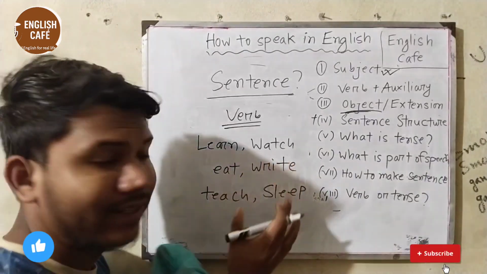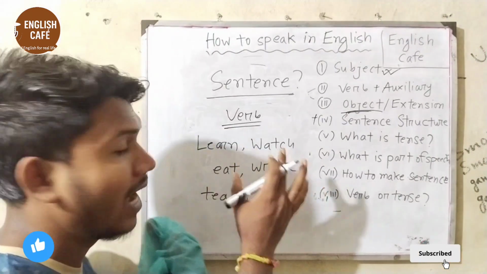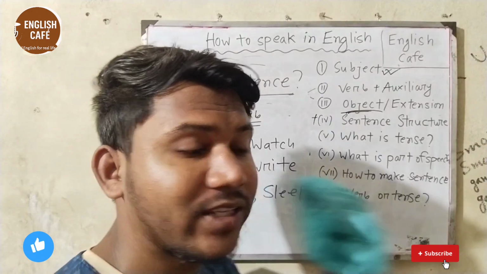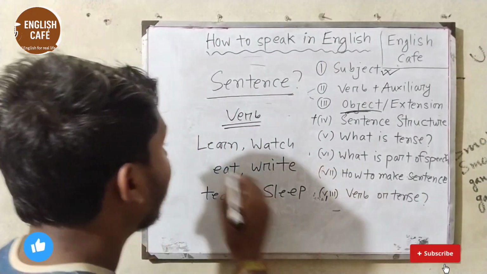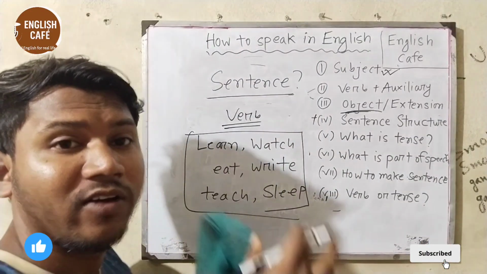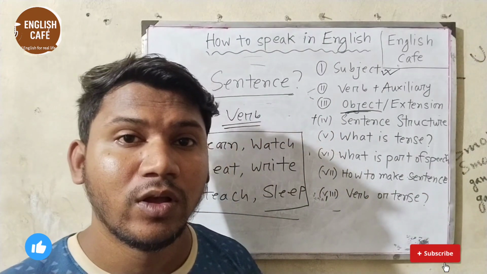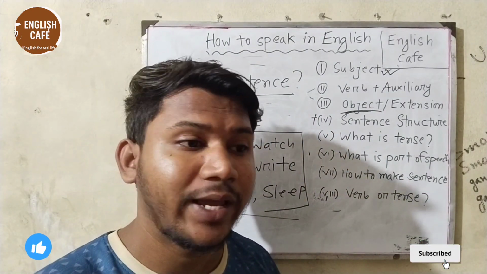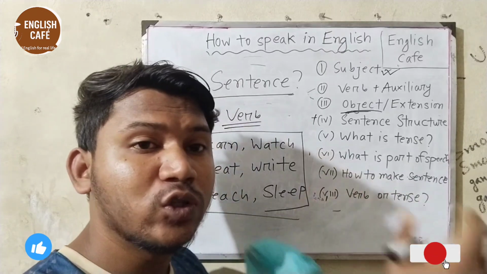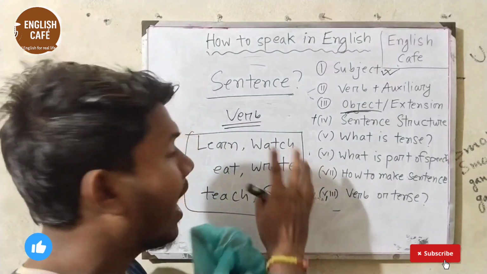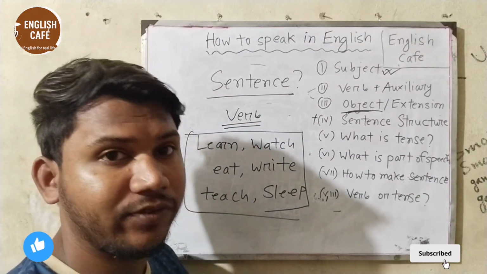Look at these words. These words are expressing some kind of activity or action. So these words are called verbs. I hope we have understood what a verb is. In conclusion, a verb is all those words that explain any kind of action or activity.